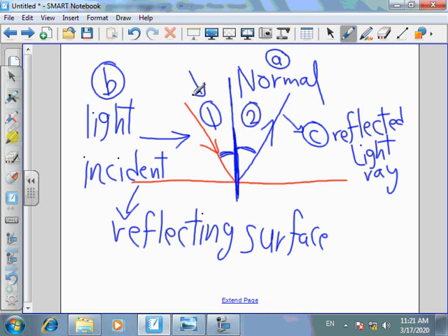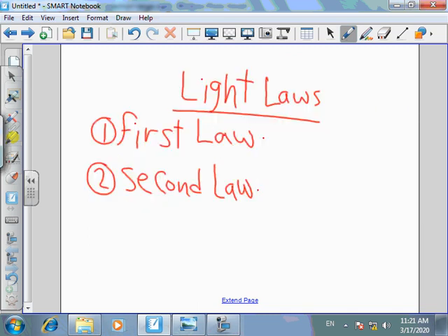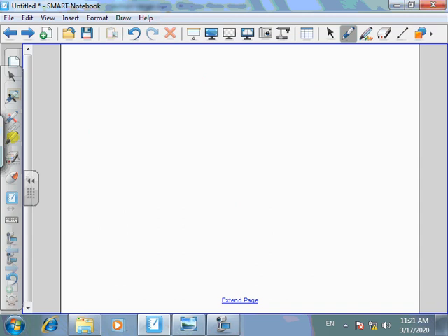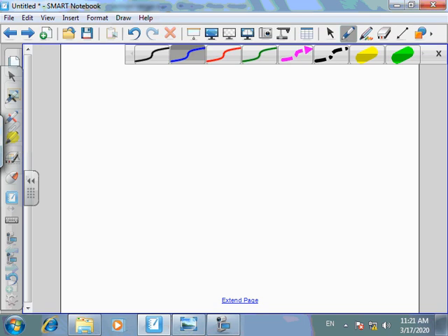Okay, let's move back again to law number 1 and law 2. We have two laws of light reflection. Let's know the description of the first law. In the first law, we learn that the angle of incidence always equals the angle of reflection.